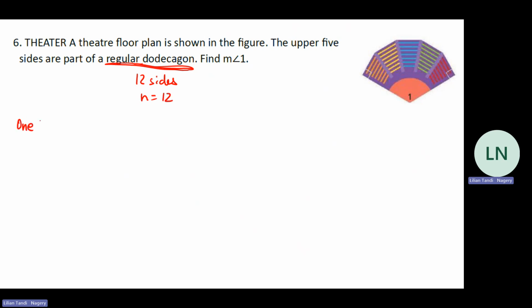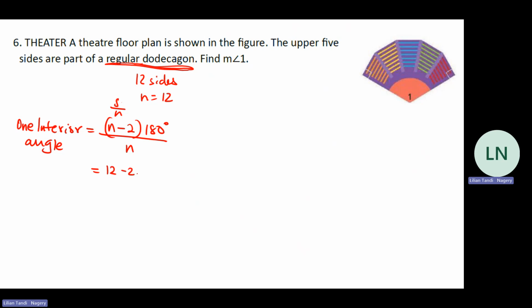So one interior angle of a dodecagon will be n minus 2 times 180 over n, because this is S over n, and S is n minus 2 times 180.